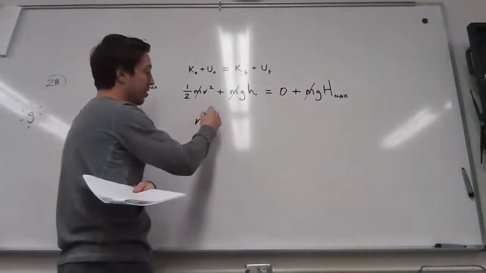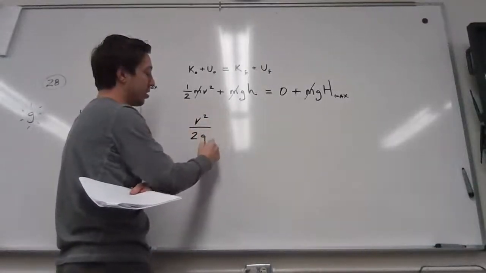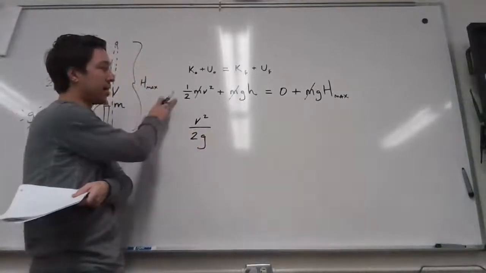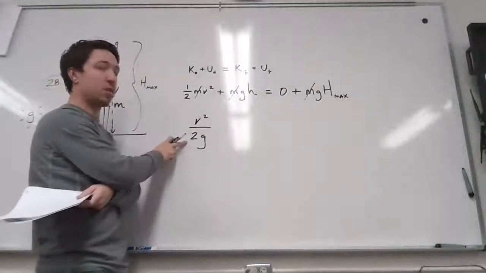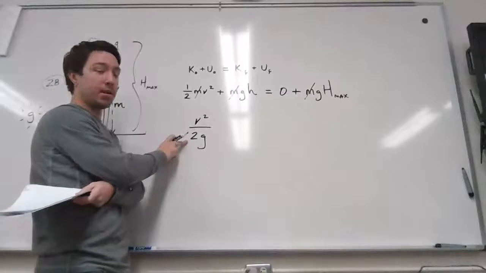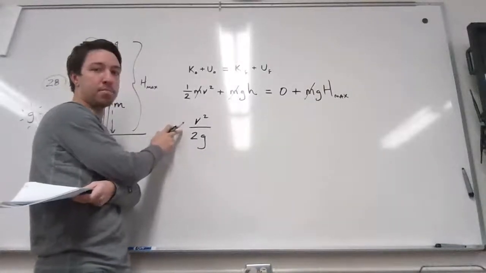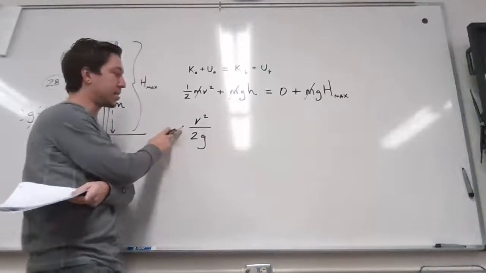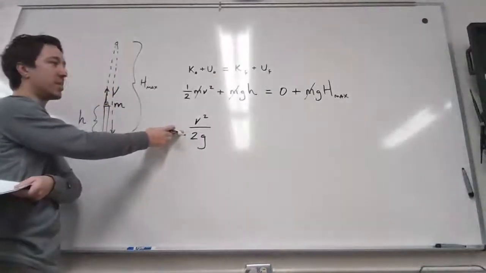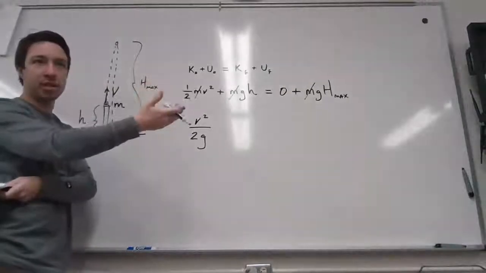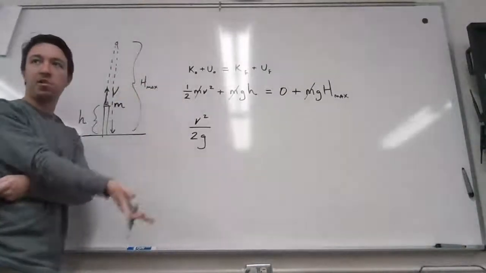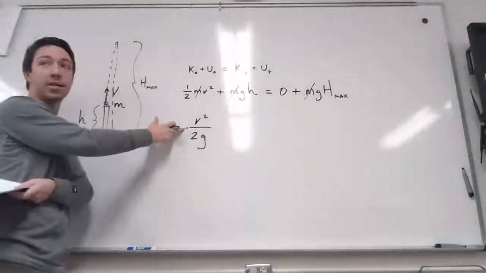Is everyone okay with me going straight to this? That divided by g would be that. That's maybe a result you recall. That's the result if you just set 1/2 mv squared equal to mgh, just like a ball launched from ground level; this is the max height term.